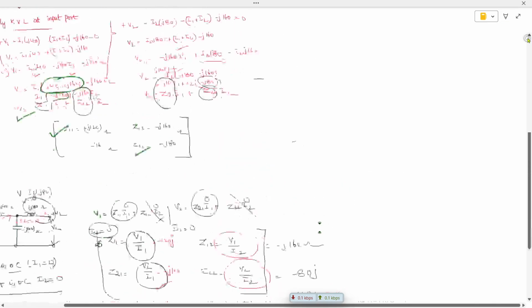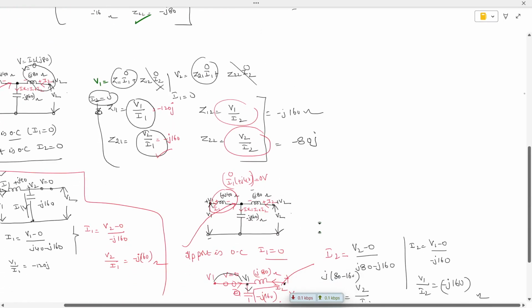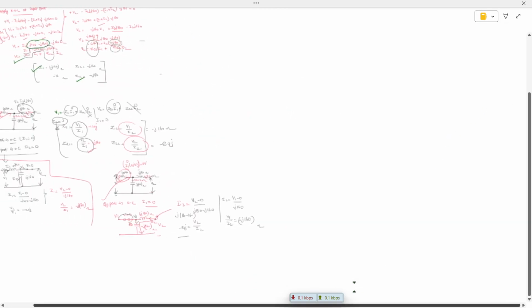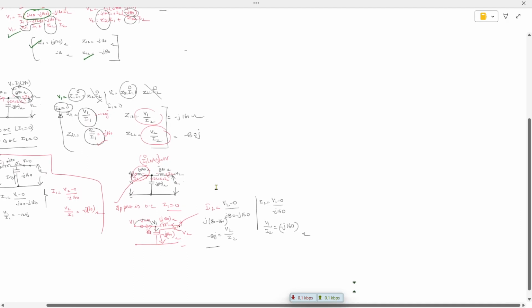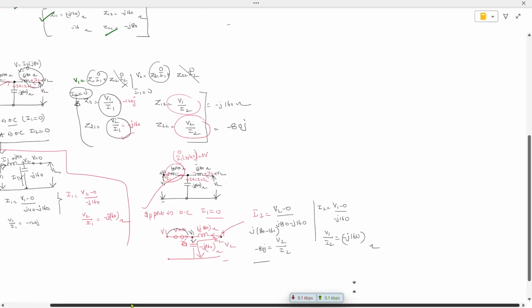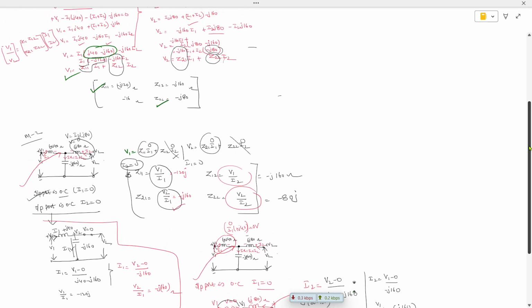Now you can verify the answers with each other. If you check by both methods, the answer is the same.